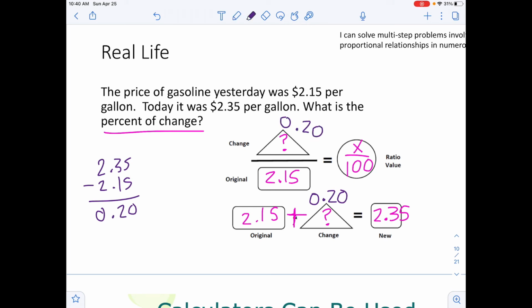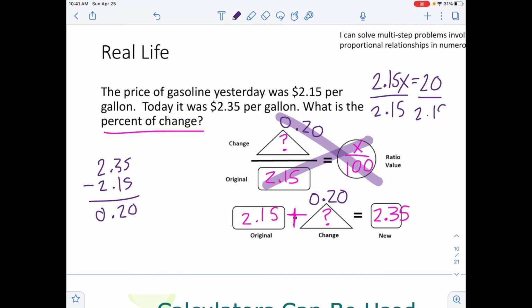And now I have enough information on the top to cross multiply. 215 times x is 215x. Set that equal to 20 cents times 100, which is 20. And divide both sides by 215. That leaves me with x equals about 9.3% increase.